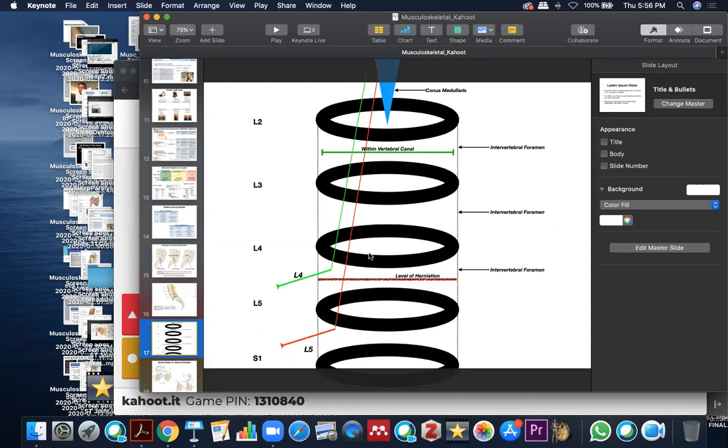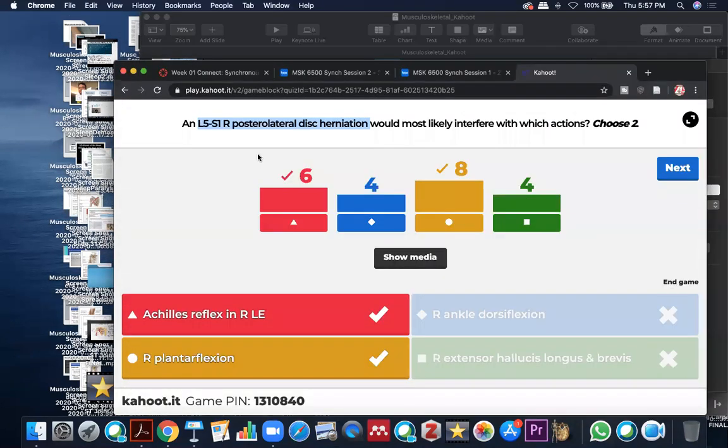So in this question, from his lecture, if the herniation's at the L4, L5 level, that's actually going to affect the nerve that exits at the level below, which would be the L5 nerve. So in this one, it's just shifted down one. Here you've got an L5, S1 herniation. That would more affect the S1 nerve.